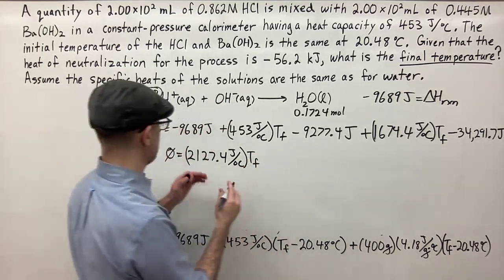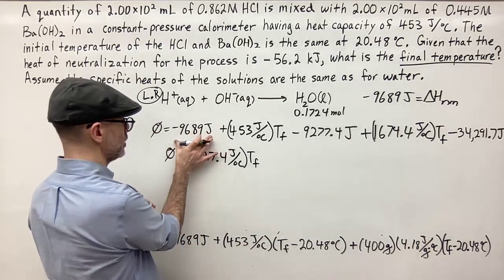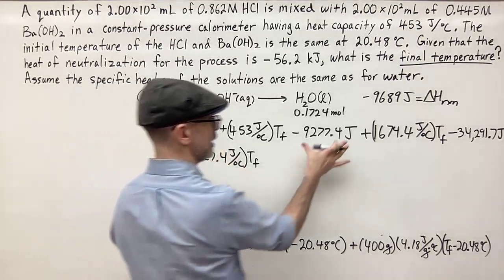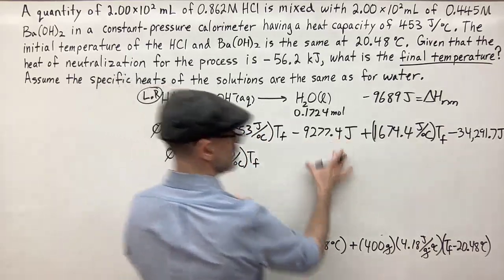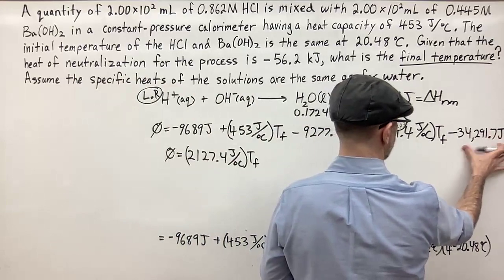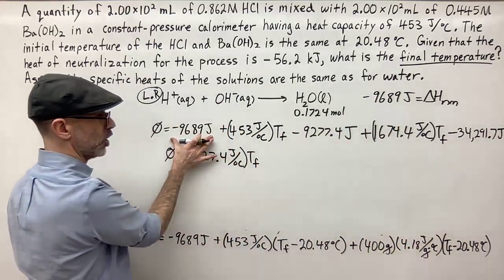And then I'm going to add the joules together. They have like units, like terms. So this is joules plus this is joules plus this is joules. I have three terms with joules.